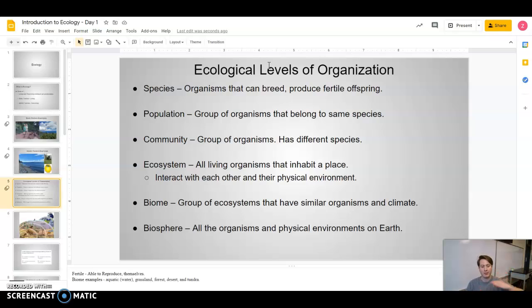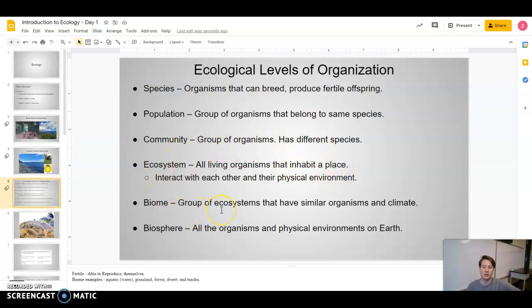Then we move up to populations, a group of organisms that belong to the same species. Again, they can reproduce. Now, in a community, a group of organisms but of different species. And different species cannot cross, they cannot reproduce together.